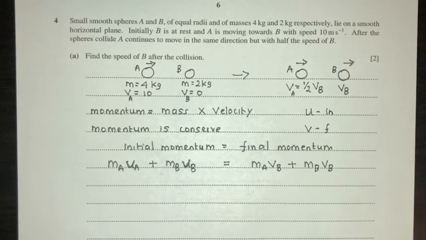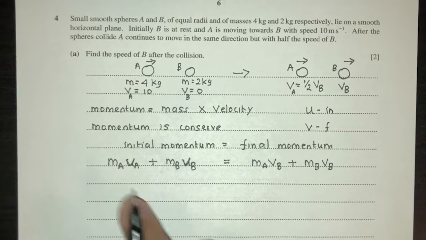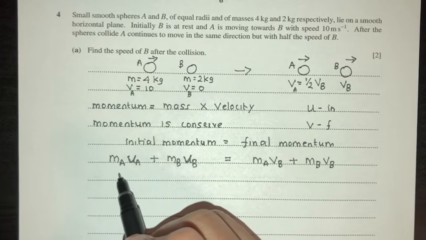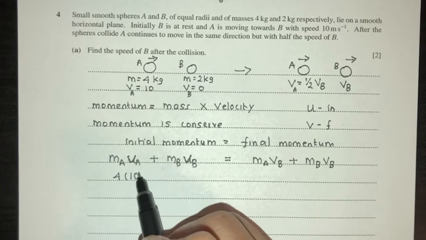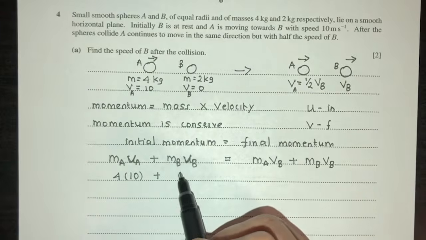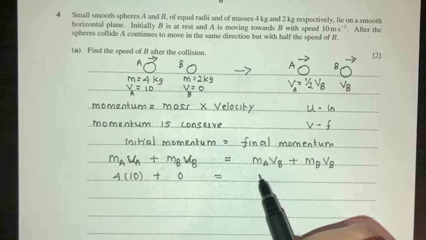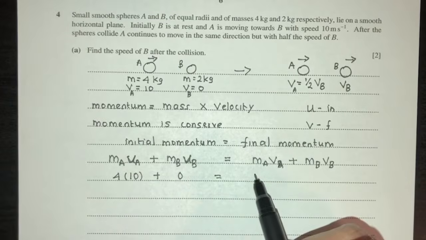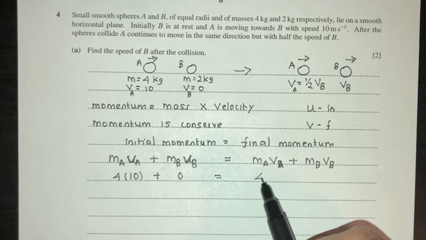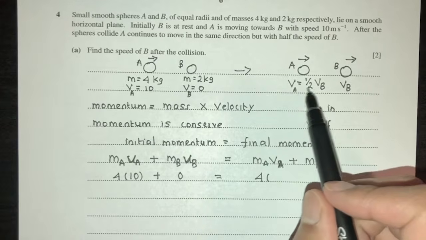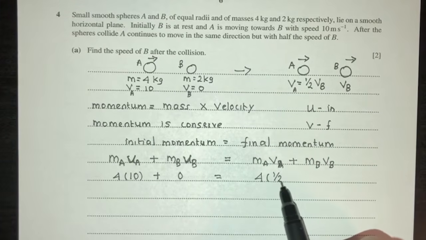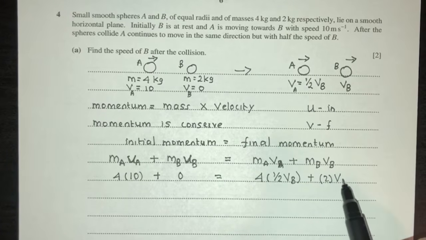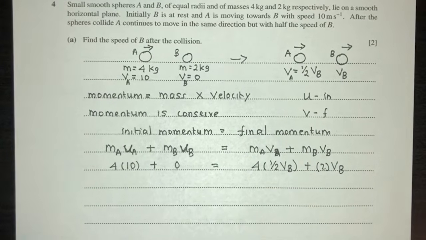That's why it's better not to get confused. Let's just replace that by U, and here we have V. So observe, m is 4, U of A is 10, plus this will be 0, is equal to m is, this is A, of course, that will be m is same, which is 4, and as we have seen, the speed of A is half of B, so replace by half of VB, plus m, it is 2, and VB. Now let's simplify to see what happens.